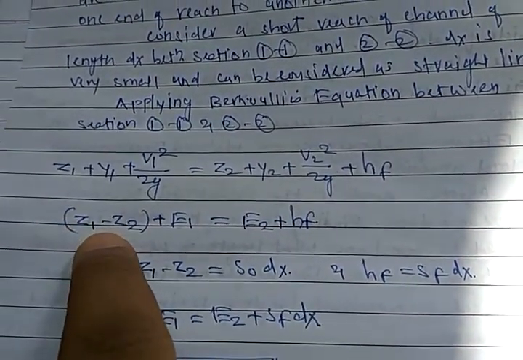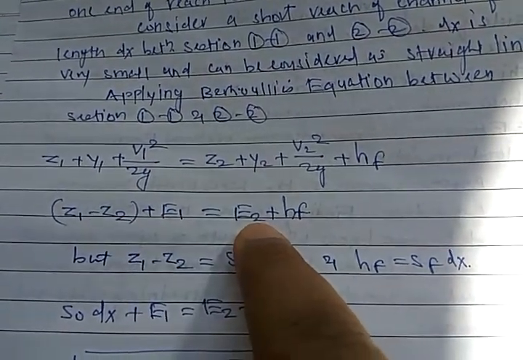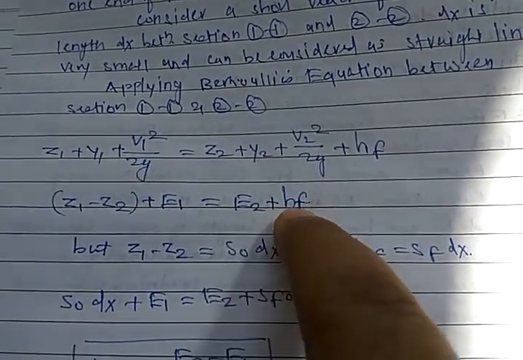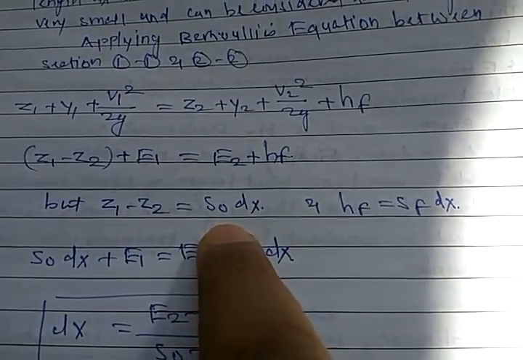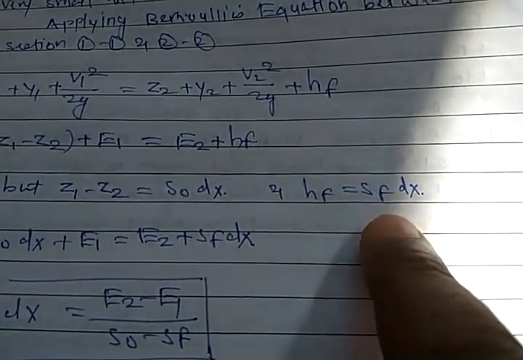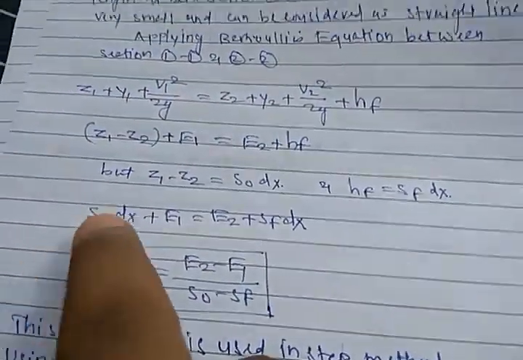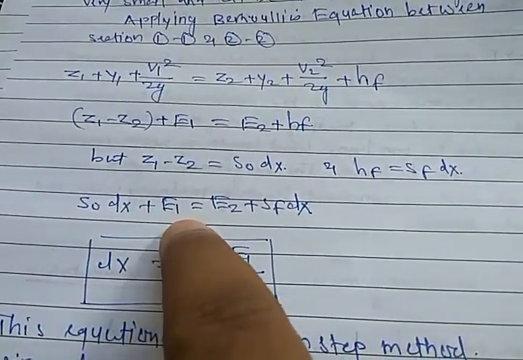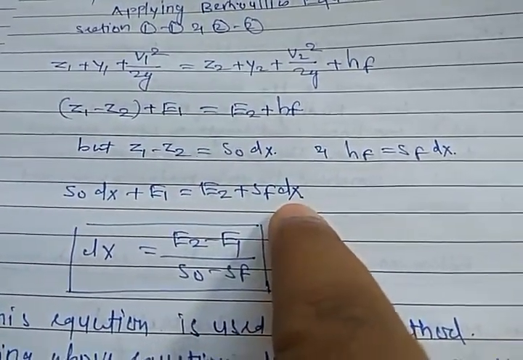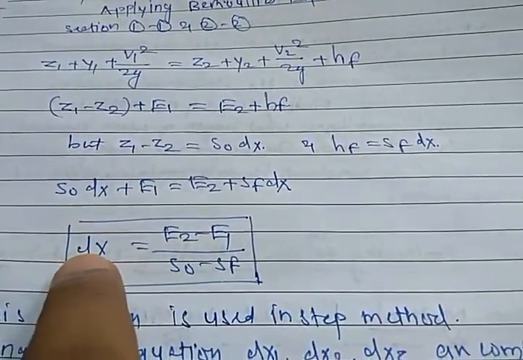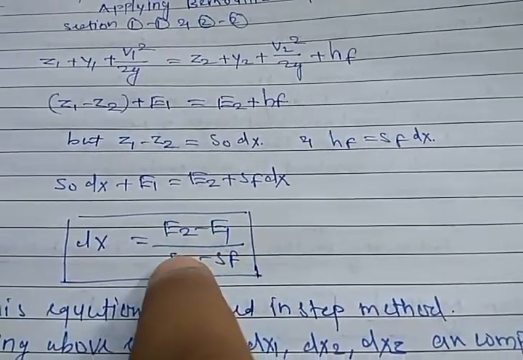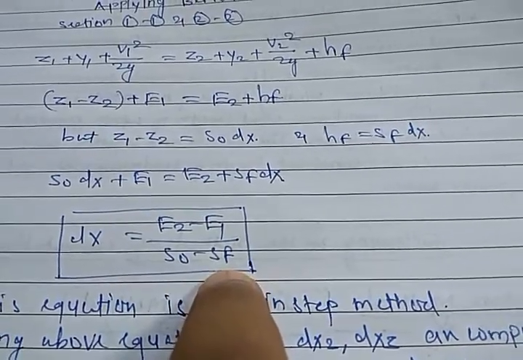But z1 minus z2 is equal to S0 dx and hf is equal to SF into dx. So the equation we get is: S0 dx plus E1 is equal to E2 plus SF into dx. We are interested in finding dx, so dx is equal to (E2 minus E1) upon (S0 minus SF).